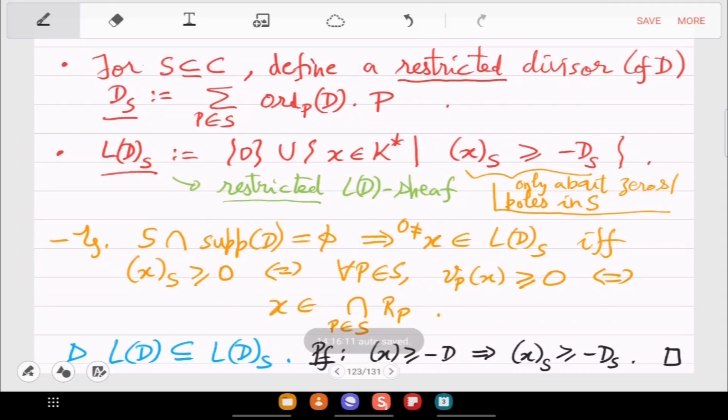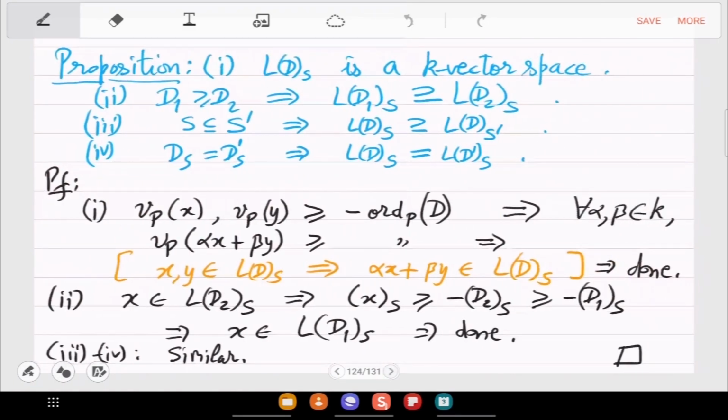So clearly LDS can be bigger than LD. LD is contained in LDS because LDS puts lesser constraints, so there will be more functions. And we have this property that LDS is a K vector space.